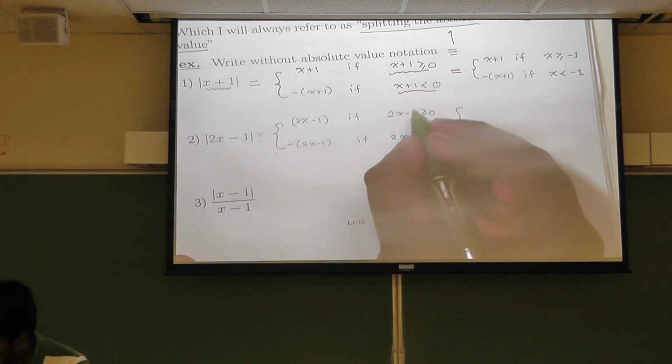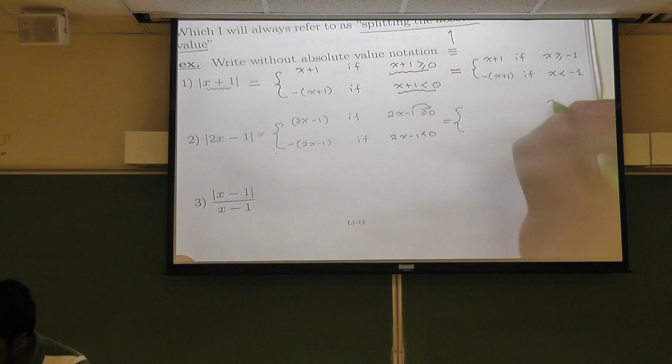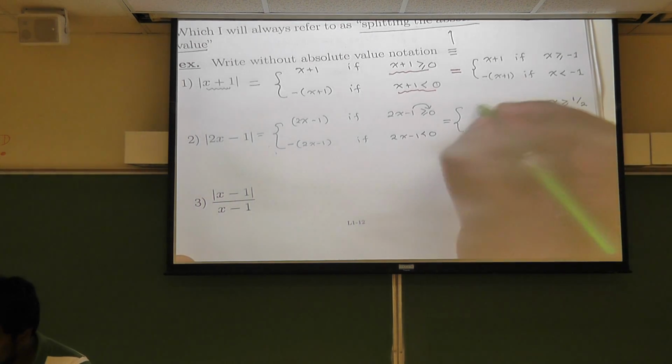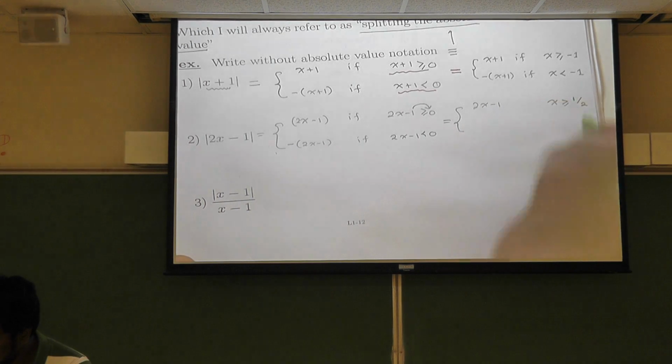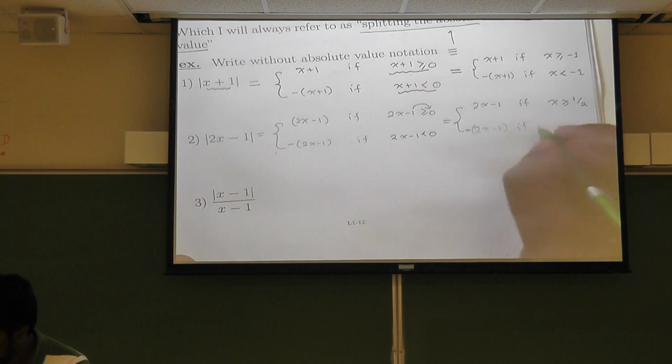You can send this 1 to the other side, so add 1 to both sides and divide both sides by 2. You get x is bigger than or equal to 1/2. So 2x minus 1 if x is bigger than or equal to 1/2, and then negative of 2x minus 1 if x is less than 1/2.